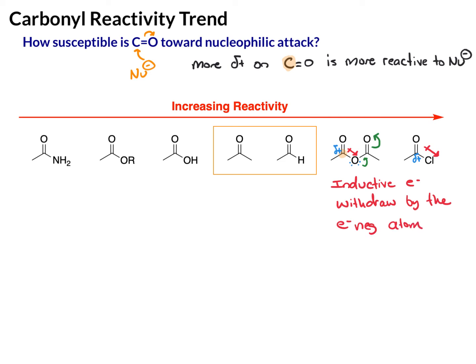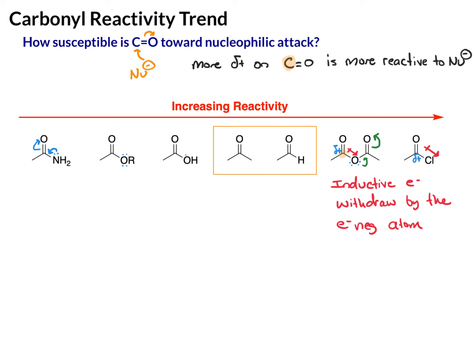Now let's jump down to the left-hand side where we have the least reactive carbonyl compounds. So why is the amide so unreactive? Well, we have lone pairs on the nitrogen, and those lone pairs are pushing electrons toward the carbonyl carbon in resonance. So there's a lot of electron donation there.